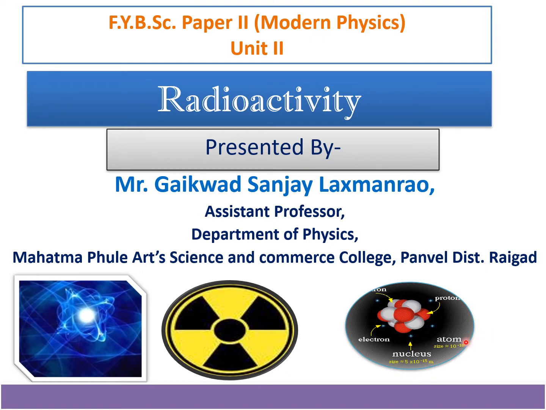The radius of the atom is nearly 1 angstrom, and approximately 5 femtometer is the radius of the nucleus. Inside the nucleus there are protons and neutrons, and surrounding that, the electrons are revolving around the nucleus.